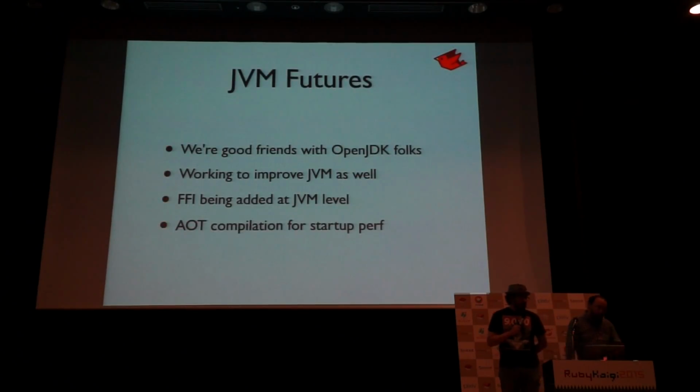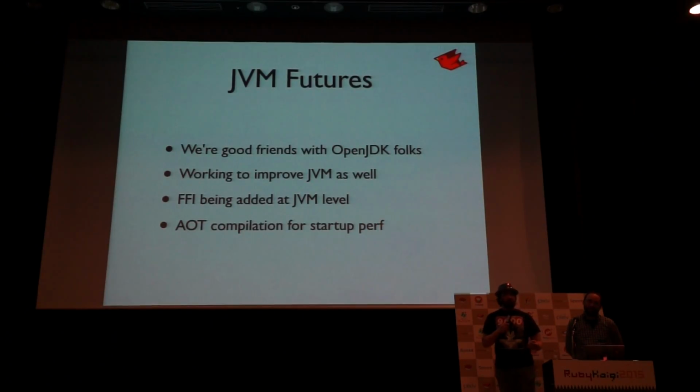All right, so the last section I want to talk about, we do a lot of work on JRuby to make it faster, but we also work very closely with folks on the OpenJDK team, folks at Red Hat, and so on, or folks at Sun. A moment of silence for Sun Microsystems. Folks at Oracle and folks around the world that do OpenJDK.